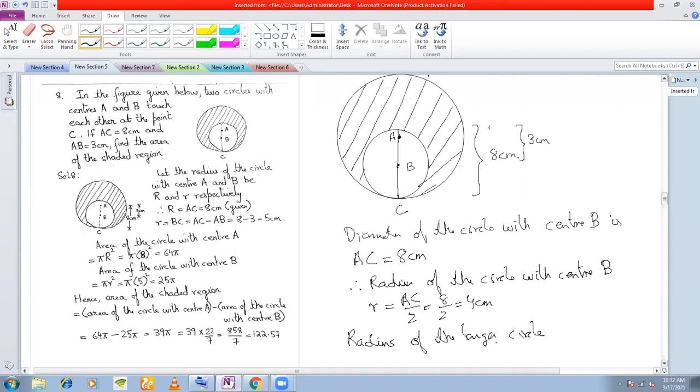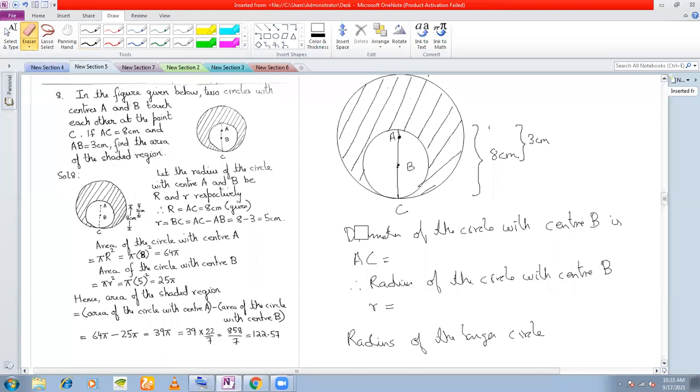Okay, now this is not the diameter, sorry. A is not on the smaller circle, so you cannot say that the diameter of the circle with center B is 8 centimeters.